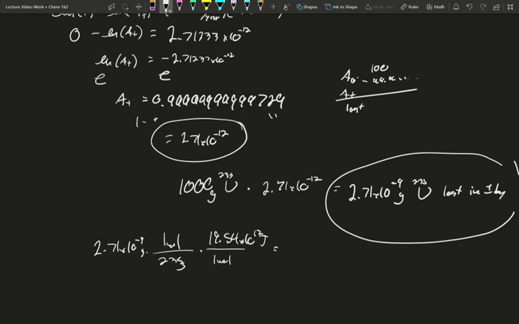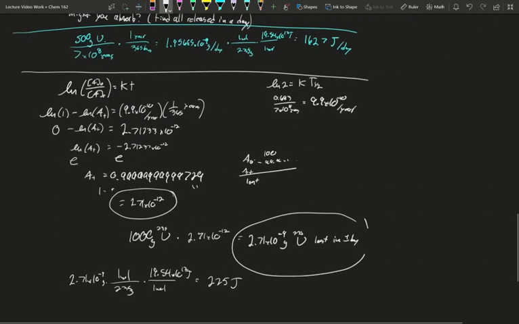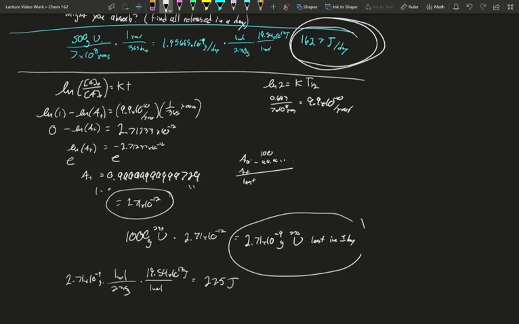Since this is the number of things decaying, this should reveal our energy, and this comes out at 225 joules for the day, which is a bit different than the 162 average over the half-life. And so it's actually a bit faster at the start and a bit slower at the end.